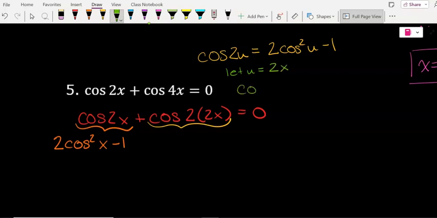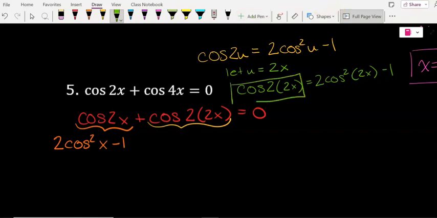So now I'd have cosine 2 times 2x, and that's equal to 2 cosine squared 2x minus 1. So if you notice here on the left, this cosine 2 times 2x, that's what I've got right here. So I can change it and make it now be this, okay?